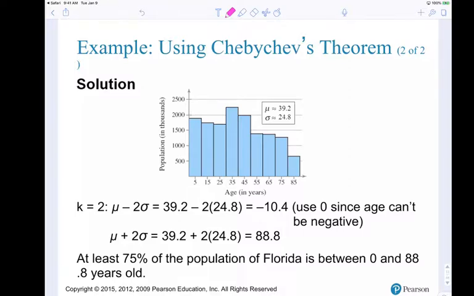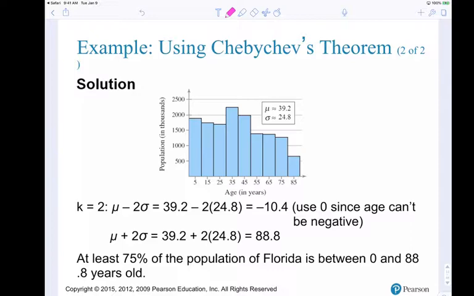What is this telling me? If we start at the average and move left by 2 standard deviations, we get negative 10.4. If we take the average and move to the right by 2 standard deviations, we get 88.8.